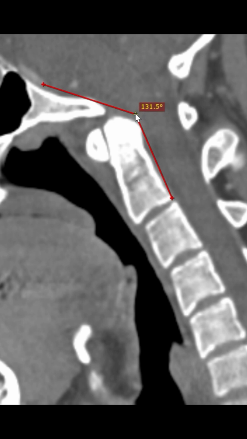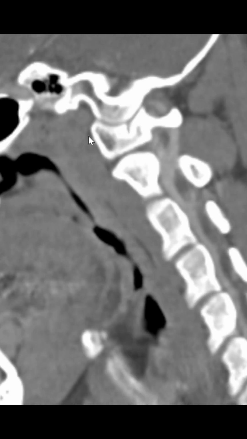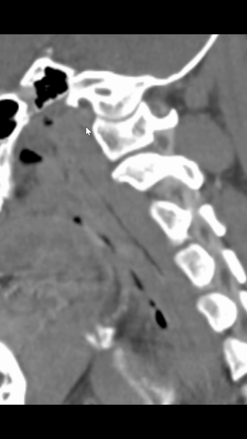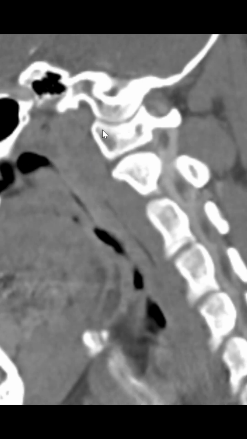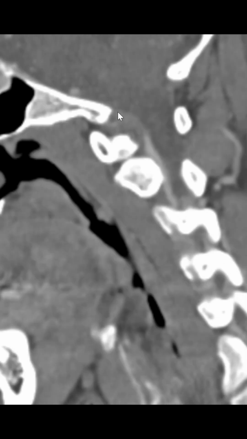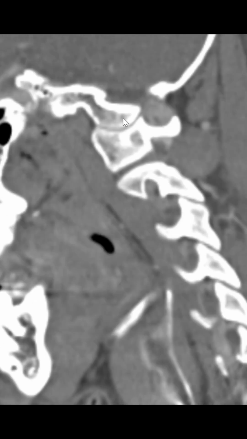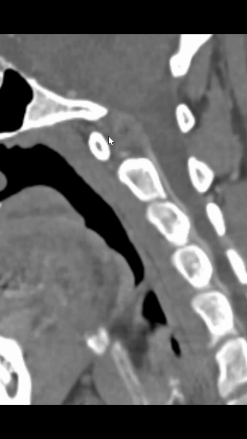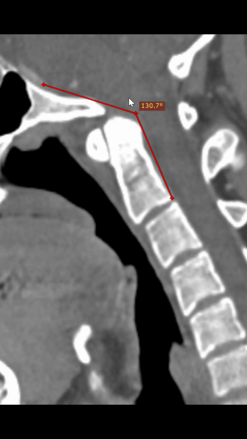So I can put that to the posterior side of C2 and lift a little bit. We're at 130. In cases that are very low, you want to look for the condyle, any kind of platybasia of the skull, and see if there's any flattening of condyles and any other aspects.